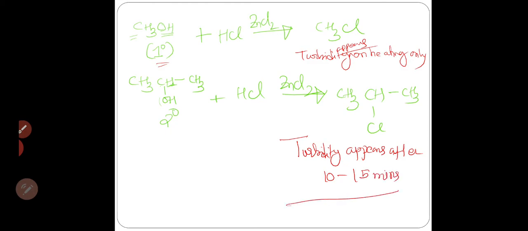So this is how you have to write down the answer: write down the reaction, write down the product, and write down the observation that will occur. That will help one to identify primary, secondary, and tertiary alcohol.